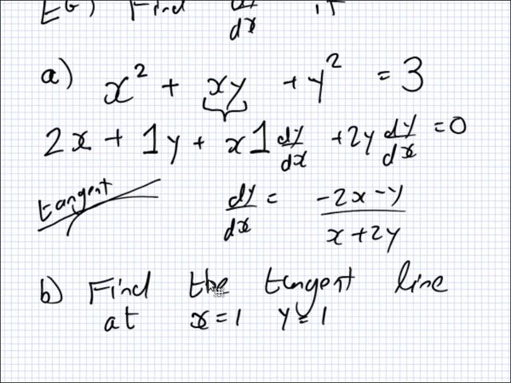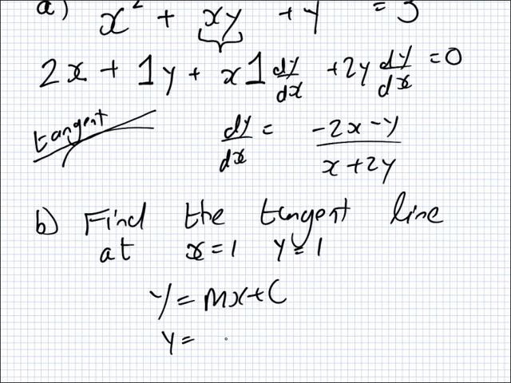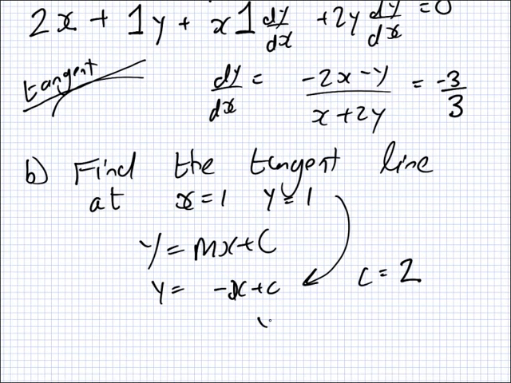So here, y equals mx plus c, yeah? The slope is minus 1, because you just put in 1, 1. So that's minus x plus c, and then you put in 1, 1. So you get c must be 2. So the answer is minus x plus 2.